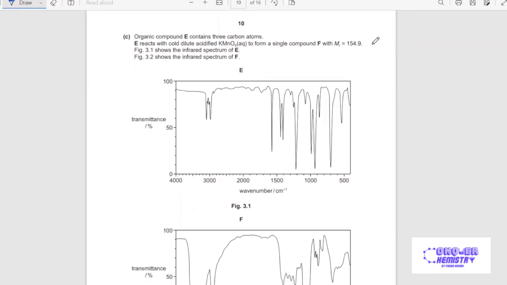All right, so organic compound E contains 3 carbon atoms, and it reacts with cold dilute acidified KMnO4 to form a single compound F with an Mr of this much. Now, we have been given the infrared spectra of E and F. And let's see what questions are being asked.